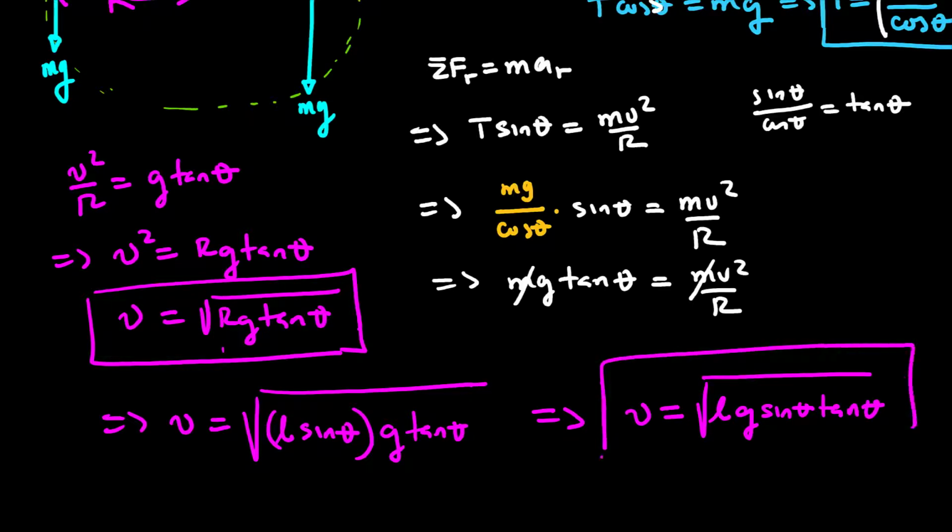This is the expression for the speed of the particle in terms of given variables.